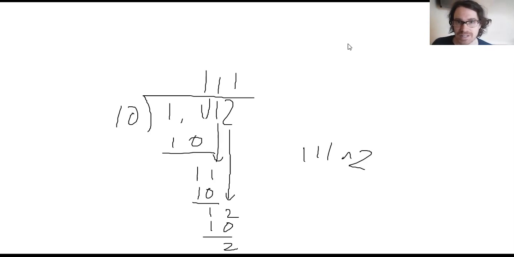Okay, so what are the steps? So step 1, break down the dividend.